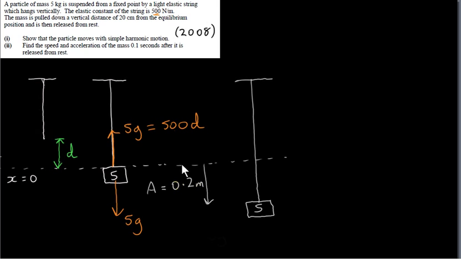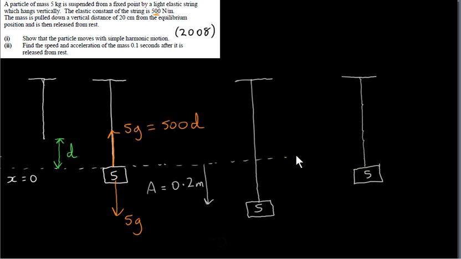Now, we want to, in the first question, show that the particle moves with simple harmonic motion. As I've said, we've done all that before for the general case of any mass m. But let's just do it again here for these numbers. Okay, so the mass is oscillating about its equilibrium position.